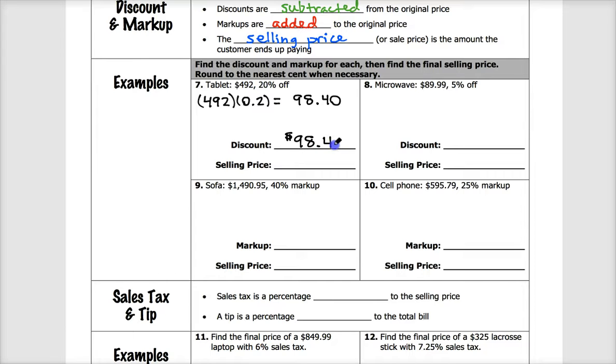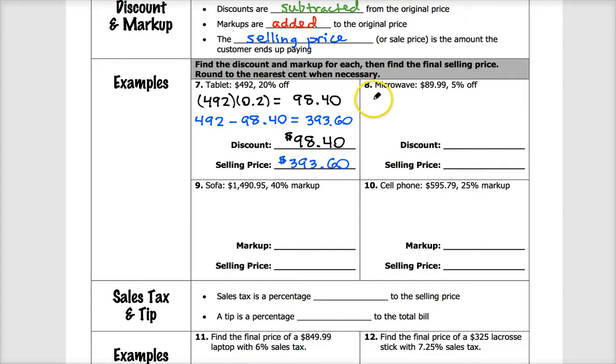That is not the price that the customer pays. The price that the customer pays is the original price, $492, minus the discount, $98.40. And so when we do that subtraction problem, we get 393.6. So what the customer is paying, the selling price, is $393.60 if they're getting that 20% discount.